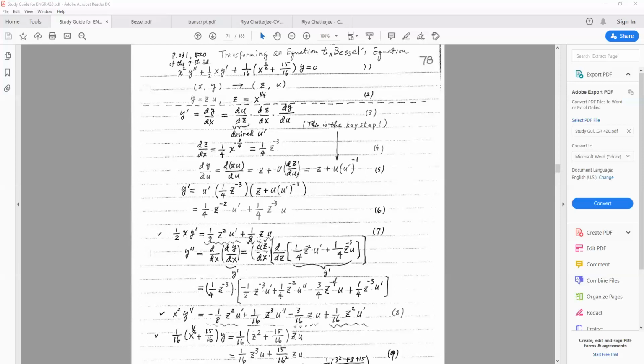We get this expression, equation 7. Then we have to get the second order derivative. The second order derivative again means the derivative of the first order derivative. The first order derivative is something we already obtained right here in equation 6.